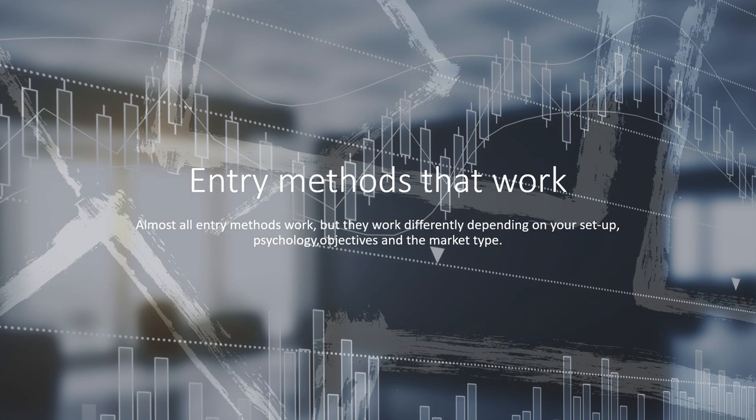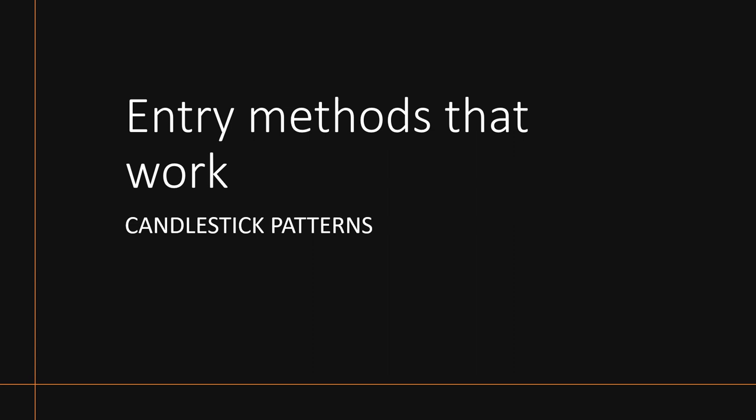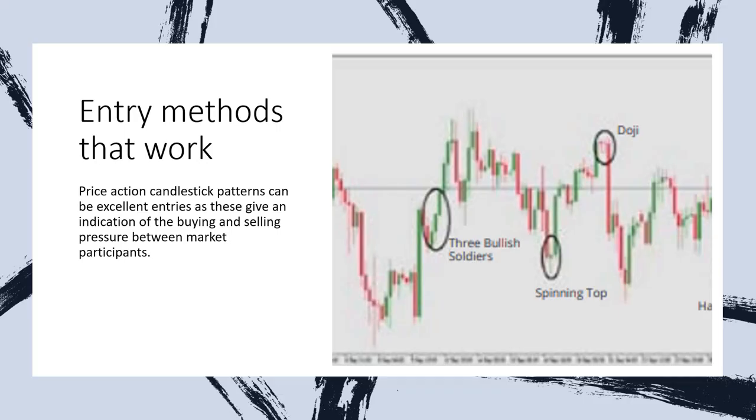Almost all entry methods work, but they work differently depending on your setup, your psychological objectives, and the market type. So, entry methods at work. Candlestick patterns. Now, we're not making a trading decision based on candlestick patterns, though we could have used them in our setup. We're looking for an entry point.